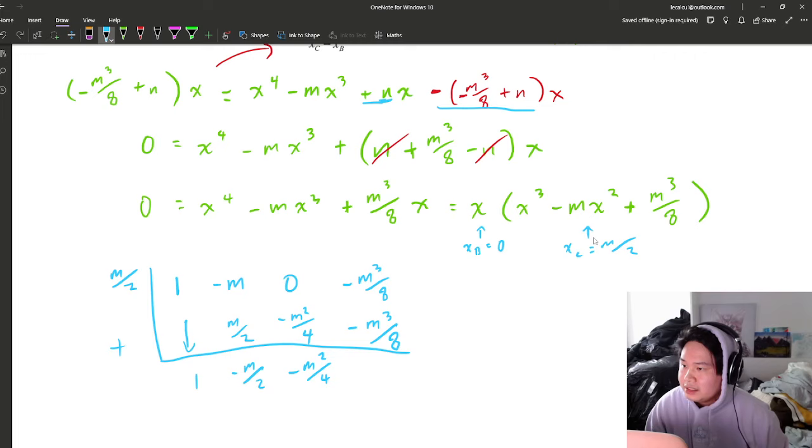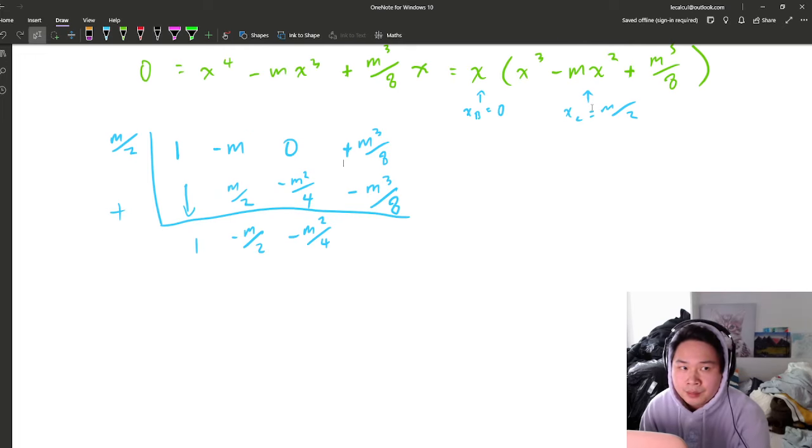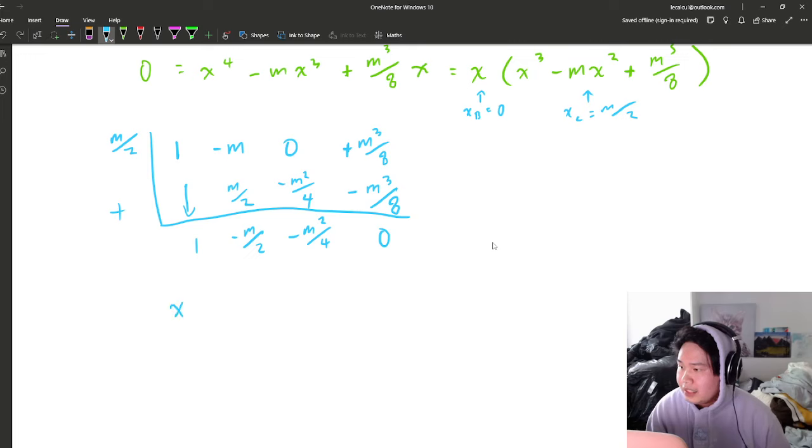Which means that this is a plus. Anyways, I know I messed up because I already know m over 2 is a factor, so when I synthetic divide, I should have no remainder. This should have been a 0. Okay, so now I have x squared minus m over 2x minus m squared over 4.